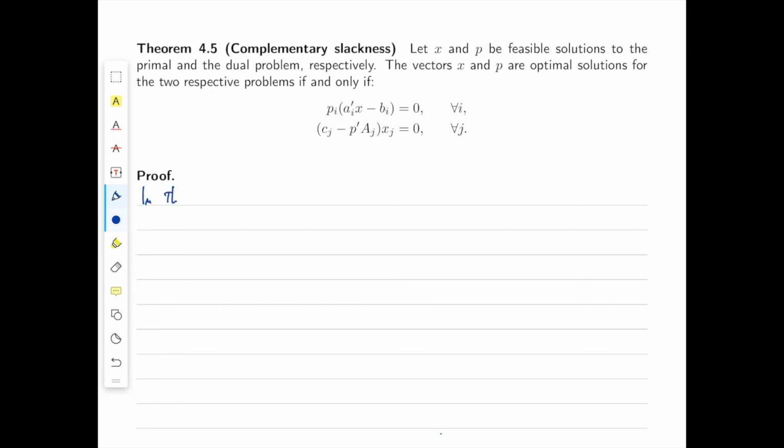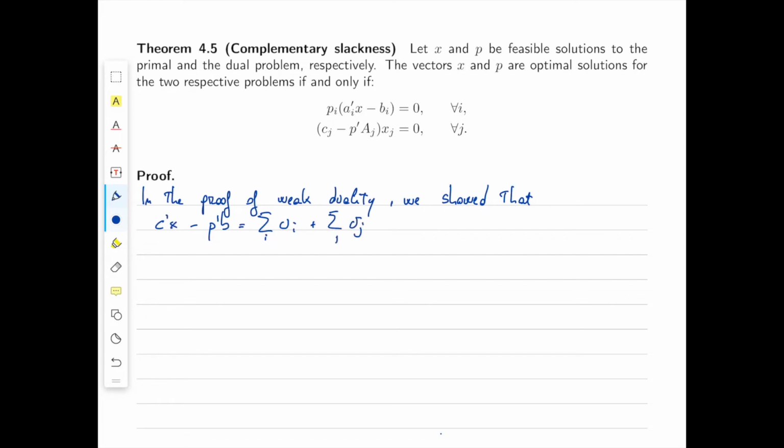So, in the proof of weak duality, we showed that c transpose x minus p transpose b is equal to the sum of ui over i plus the sum of vj over j, where ui was defined as pi times (ai transpose x minus bi), and vj is equal to (cj minus p transpose Aj) times xj.